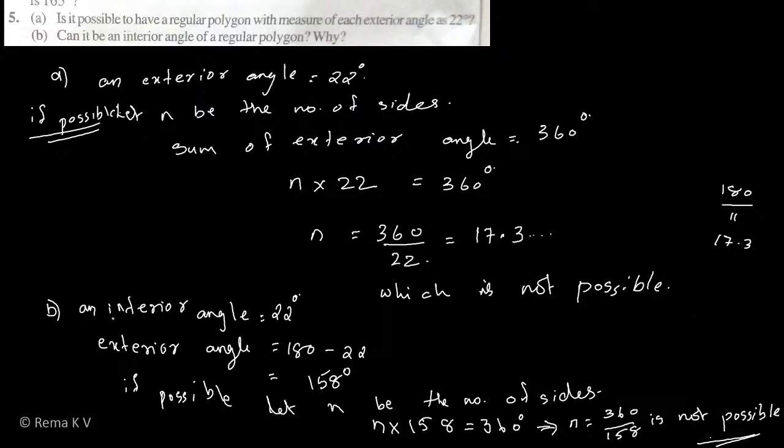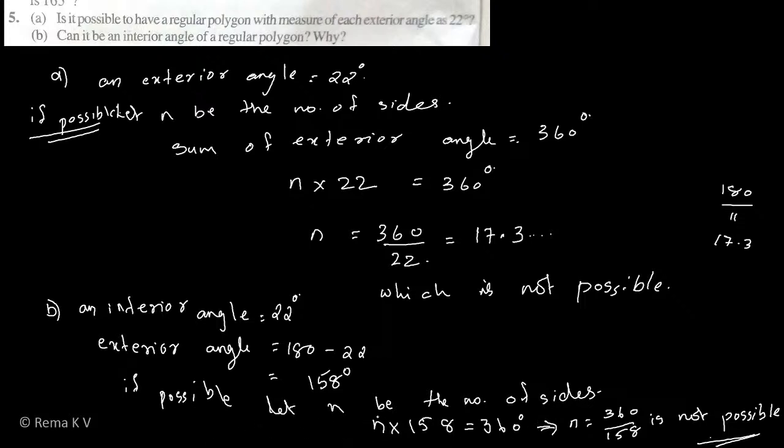In the second part, the question is, can it be an interior angle of a regular polygon? That is, interior angle is 22 degree. So the corresponding exterior angle will be equal to 180 minus 22, that is 158. And if possible, let n be the number of sides.